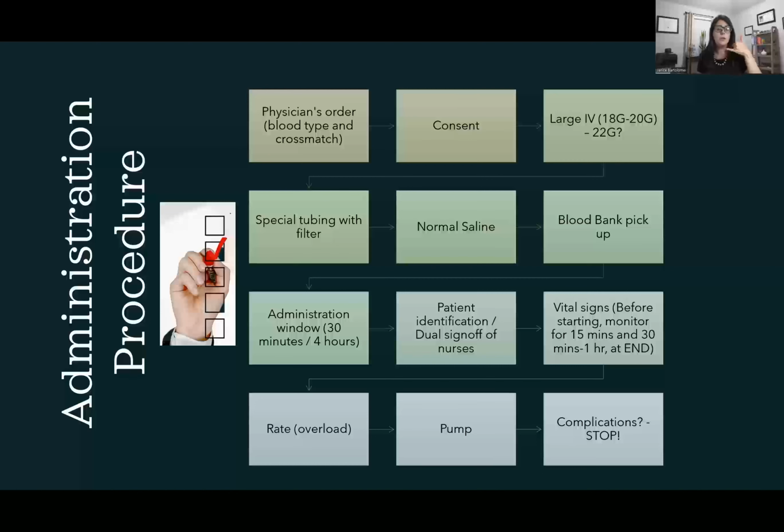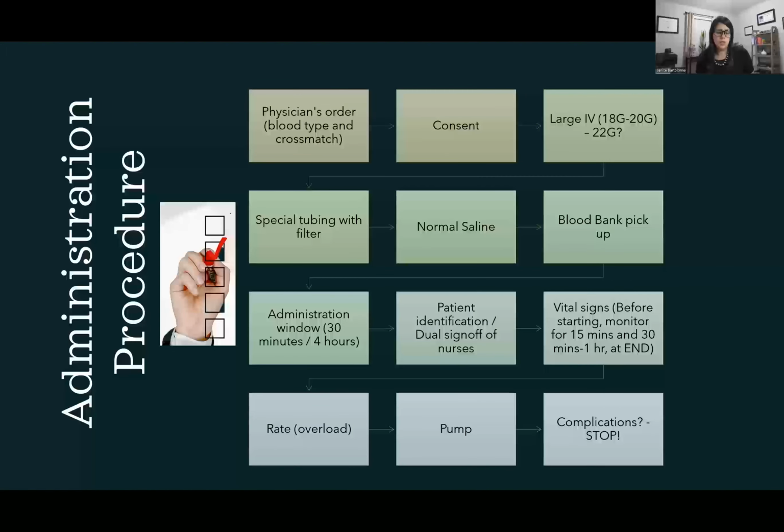I need to call blood bank immediately and return it to be refrigerated again, or follow their procedure. It's not like I can leave it on the counter and wait for the pick team, or wait another hour until I get an IV. No. And then it needs to be infused within 4 hours from the start time.